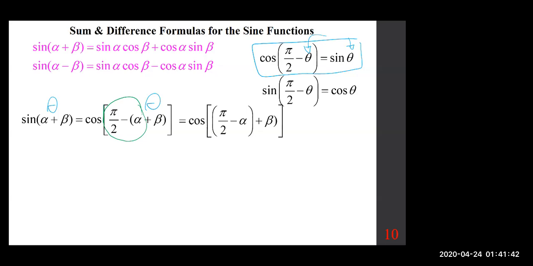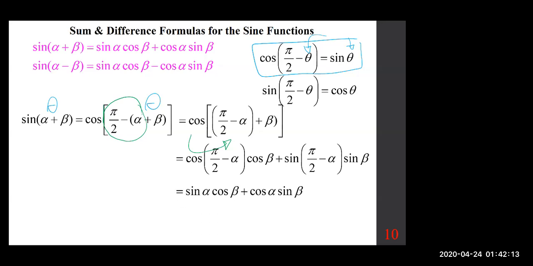Now we established, so we are going to expand this: cosine of pi over 2 minus alpha, cosine beta, plus sine pi over 2 minus alpha, sine beta. And then we replace cosine pi over 2 minus alpha with sine alpha. Again, we are reusing and reusing the top formulas. So this becomes sine alpha.